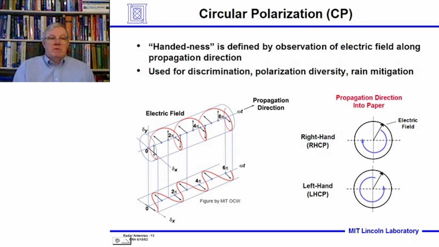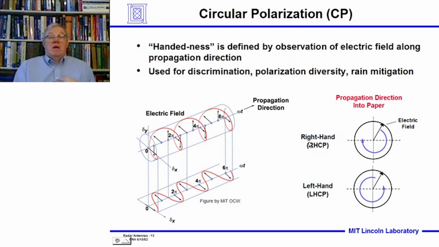Okay, and it can go in a circle in one direction or the other. And here we have a visualization of the electric field vector propagating out, sort of like a slinky. The tip of the electric field would follow the path of a slinky.